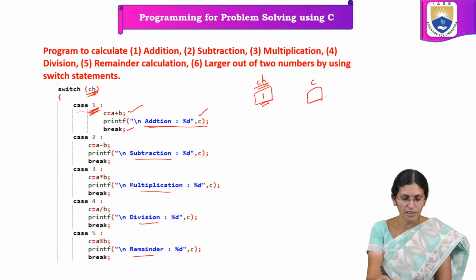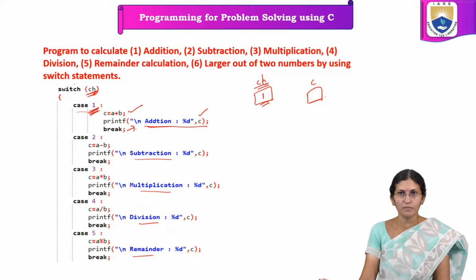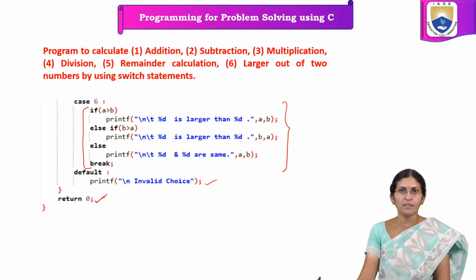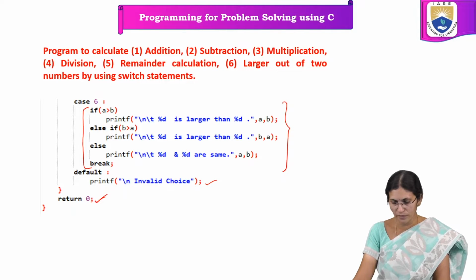After that, the break statement: whenever the compiler sees break, the control is transferred outside the switch case. Outside the switch case, return 0 is there, so there are no more statements to evaluate and the program will exit.